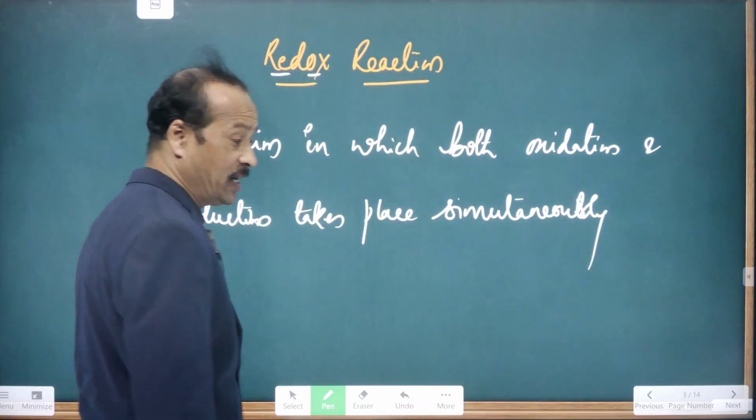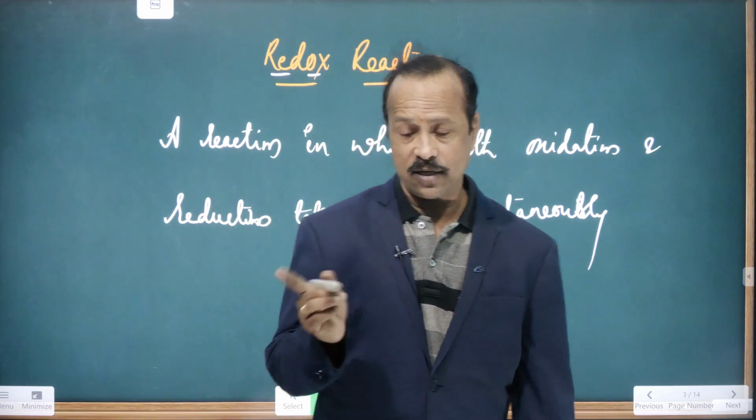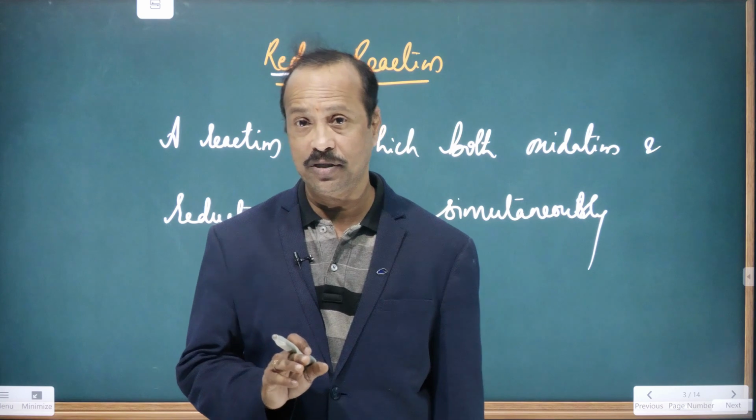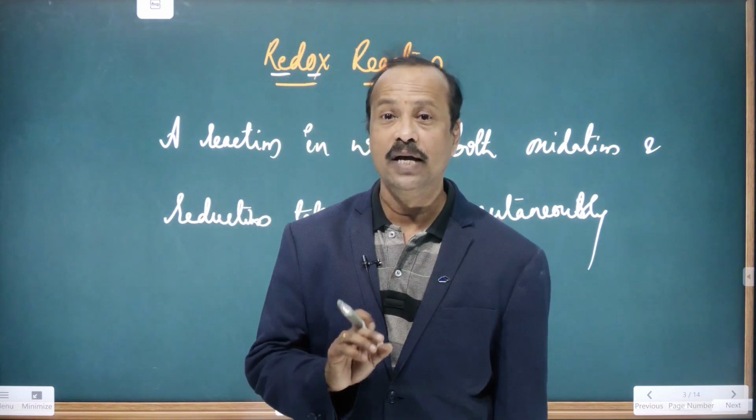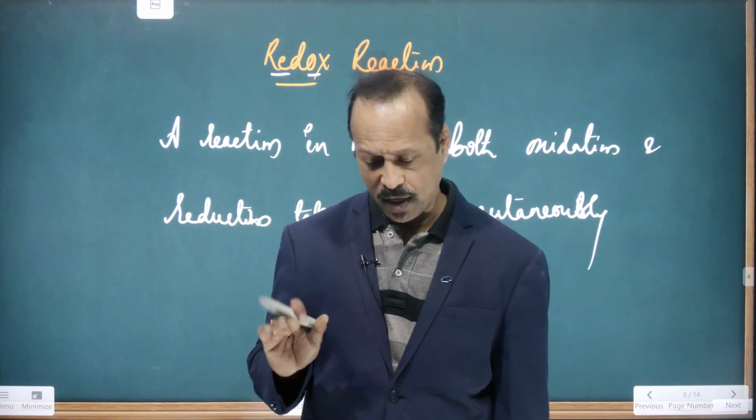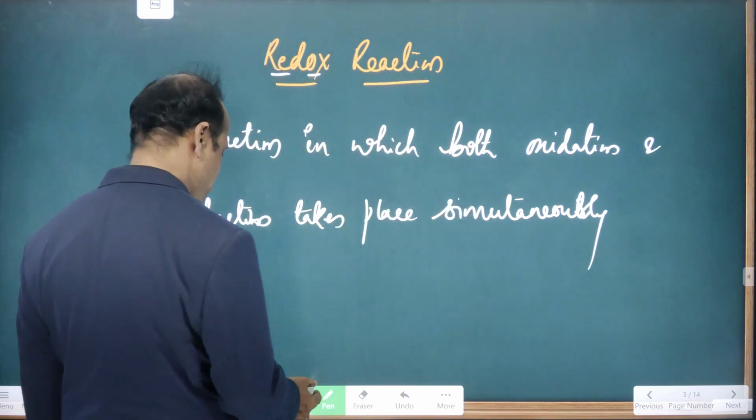Which means in one reaction only, both reactions, oxidation and reduction, are taking place. Both the reactions are taking place in one reaction only. That is called a redox reaction.